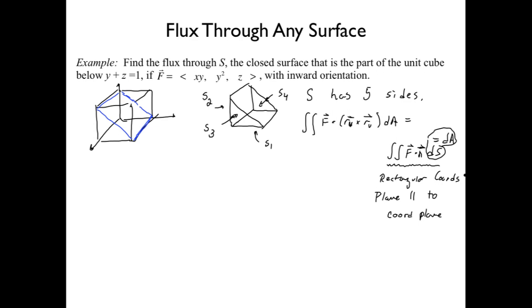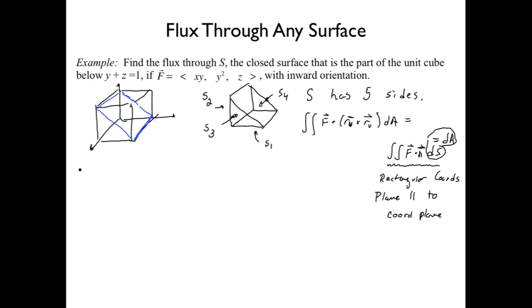So you can just do dx dy or dy dz, etc. This saves you computing the cross product, and you can just jump right to F dot N and then use dA for dS. That works if you have rectangular coordinates and a plane parallel to one of the coordinate planes. So you see that's what we have in 4 of the cases here, right? So the back, the front, the bottom, and the left side all will fit this bill. Does that make sense?